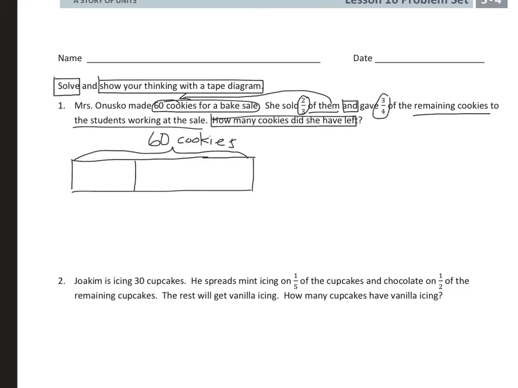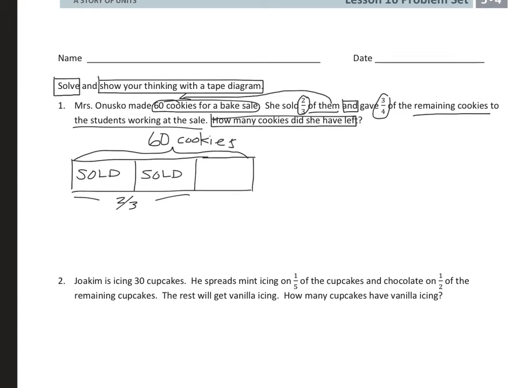If we divide our tape diagram into three equal pieces, 2/3 would be right here. This is 2/3, and this is what she sold. So I'm going to write the word sold because I'm realizing we're going to figure out what she has left over. And so these two boxes I'm not really going to be using.